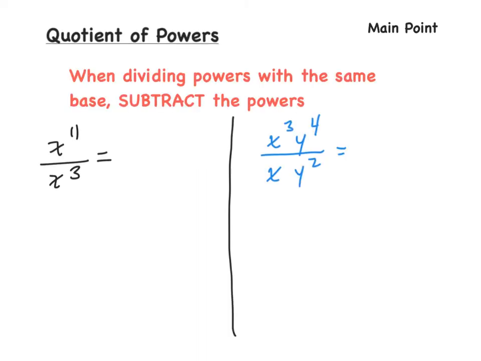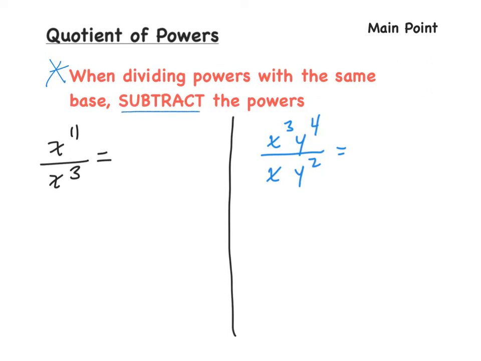Alright, so today we're going to be dividing monomials. Now when we're dividing monomials, there's this one thing called the quotient of powers. What that means is when you divide two numbers that have powers, what are you supposed to do? When you're dividing powers with the same base, all you basically do is subtract the powers.